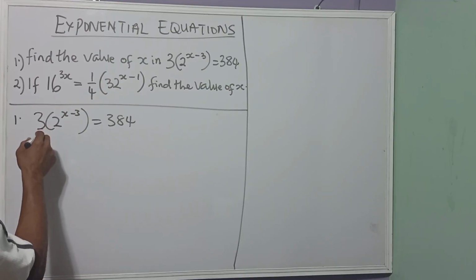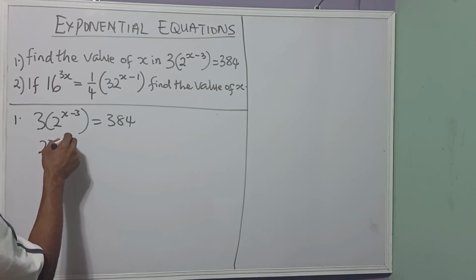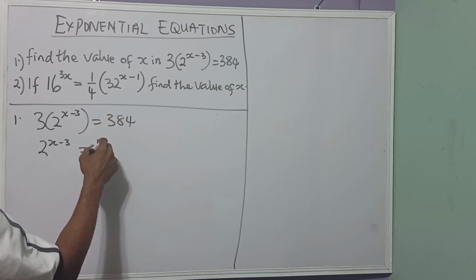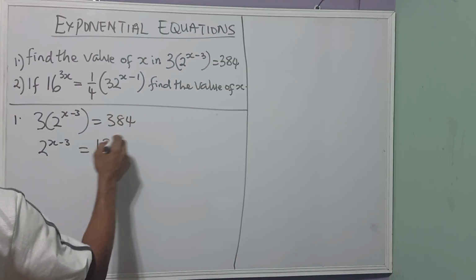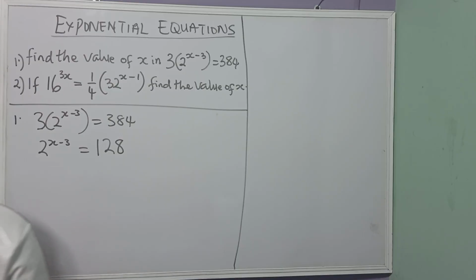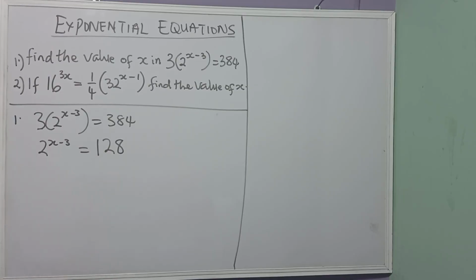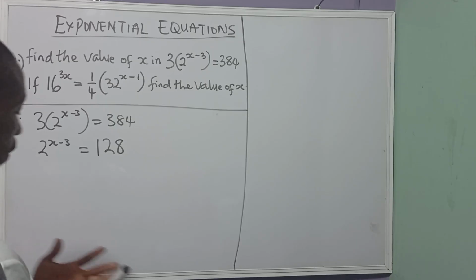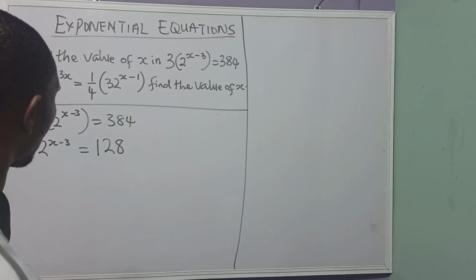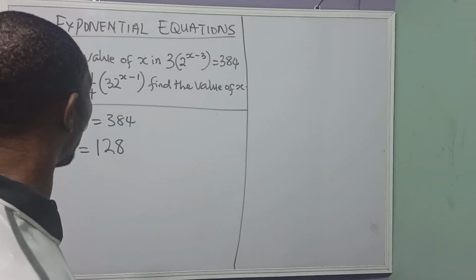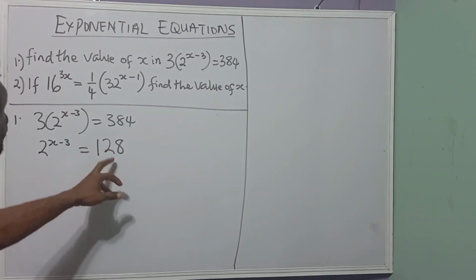Dividing both sides by 3, this becomes 2 raised to x minus 3 equals 128. We can break down 128 in base 2, and that gives us 2 raised to the power 7. 2 times 2 is 4, 4 times 2 is 8, 8 times 2 is 16, 16 times 2 is 32, 32 times 2 is 64, and 64 times 2 gives us 128.